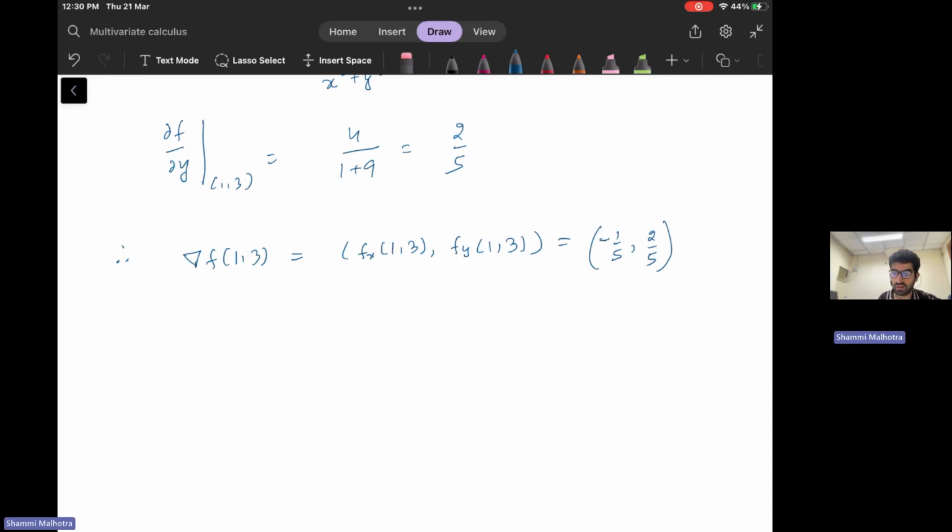So now basically I have to make it into a direction vector, so I have to divide it by the norm.